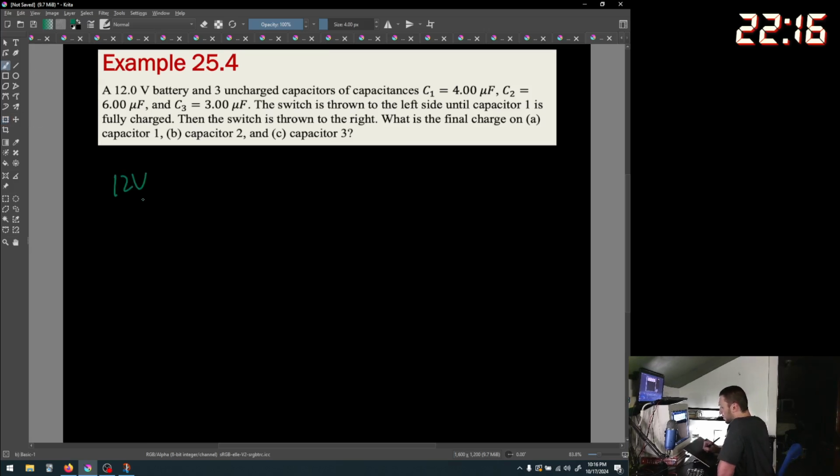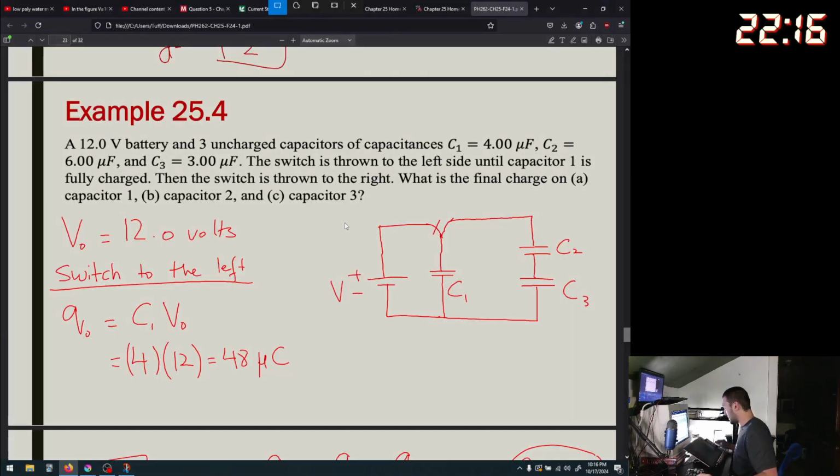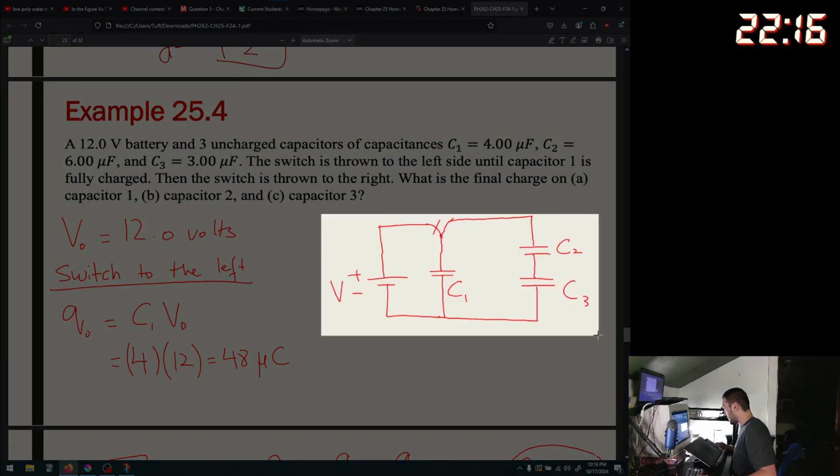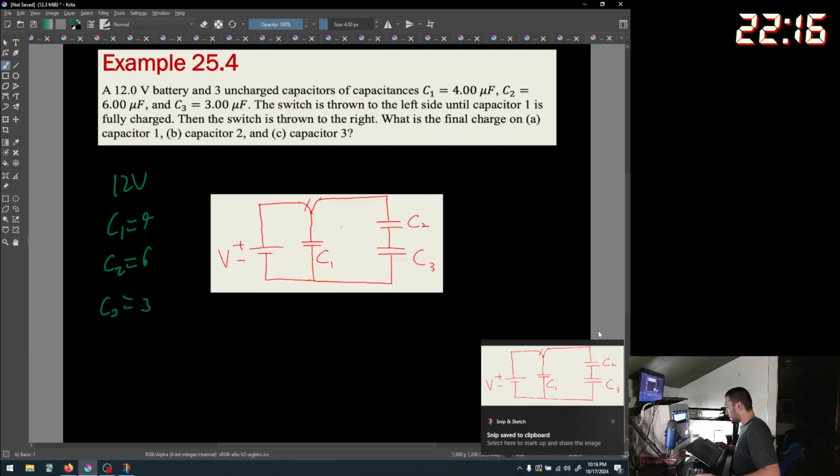Okay, so we have 12 volts. C1 equals 4, C2 equals 6, C3 equals 3. And the switch looks like this drawing that I just drew.